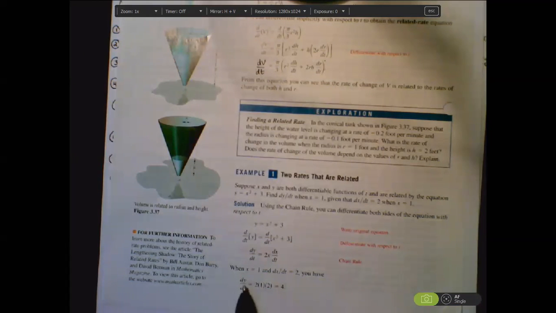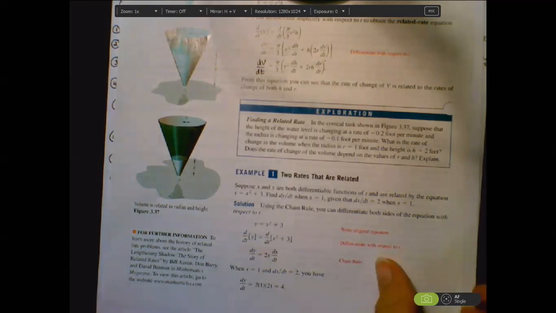If x is in centimeters, then when the marble is 1 centimeter from the origin, this is how fast the y's are changing. This is the slope at the point where x equals 1.